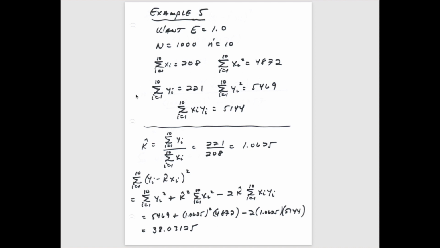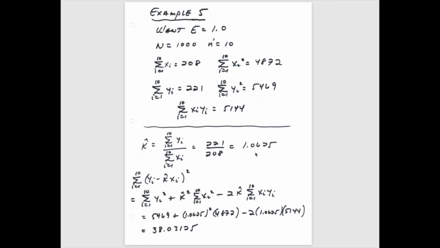The sum of the y values is 221. The sum of the squared y values is 5,469. And finally, the sum of the products of the x's and the y's is 5,144.